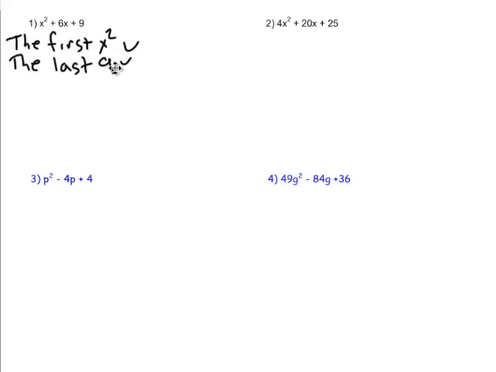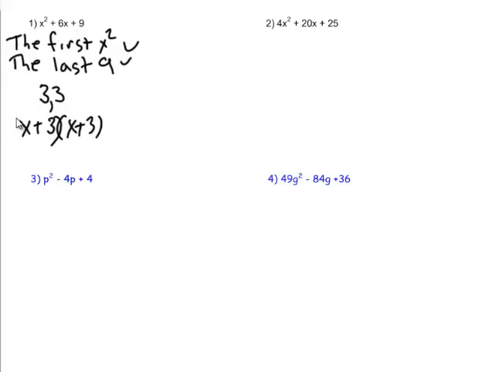Remember that this is still nothing more than general factoring. What are the factors of 9 that add together to get me 6? It's 3 and 3. So x plus 3, x plus 3.